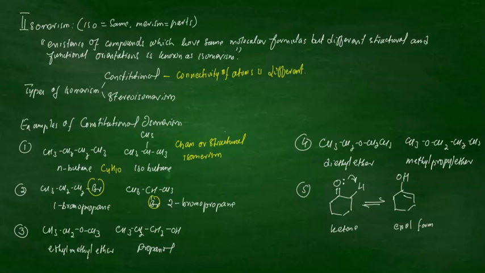So their position is different. Such type of isomerism in which the functional group is the same but the position is different is known as positional isomerism.